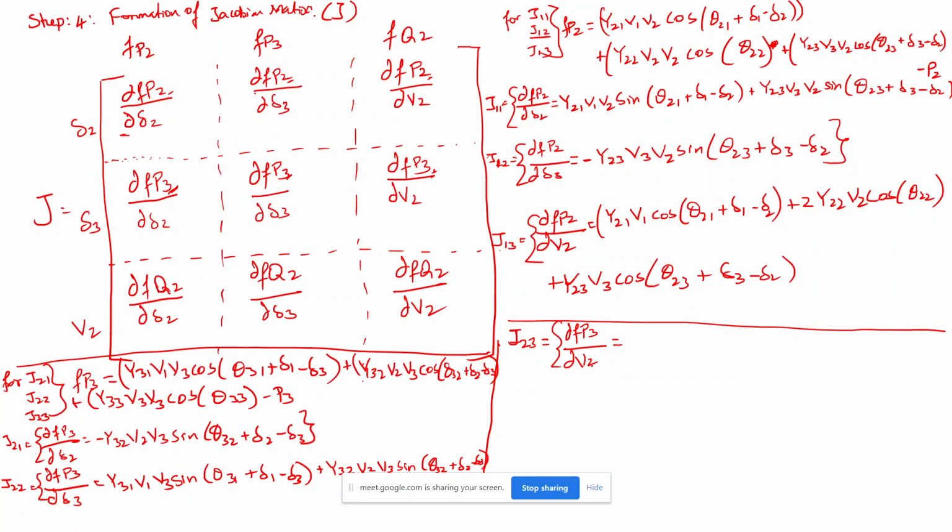If you differentiate this P3 equation with V2, there is no V2 in the first component, and there is a V2 in the second component, and in the third also V2 is not there, so only I will get this one. The V2 will be eliminated and the other components will be the same. So Y32 V3 cos theta 32 plus del 2 minus del 3. So this is for J23.